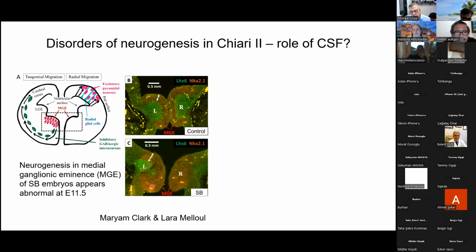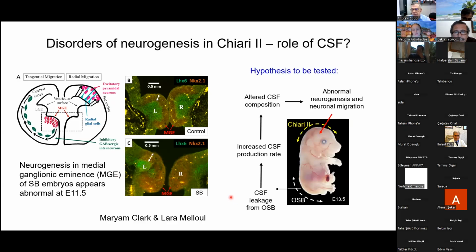We can see many more cells in the progenitor zone and many fewer cells in the migrating region of neurons. And so we're following this up now. We're about to embark on a project to test the idea that the cerebrospinal fluid leaking from the open lesion is directly responsible for the higher brain defects.